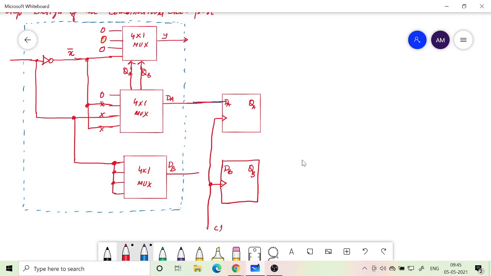So here we keep the clock, and then the remaining connection is that I have this select input, which is basically taken from the output of the flip-flops. So this is my QA, and QA should be connected to this point, and this is my QB, which should be connected here.